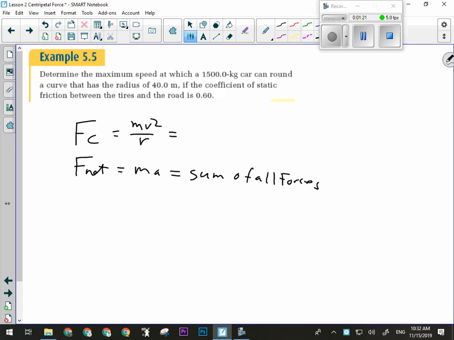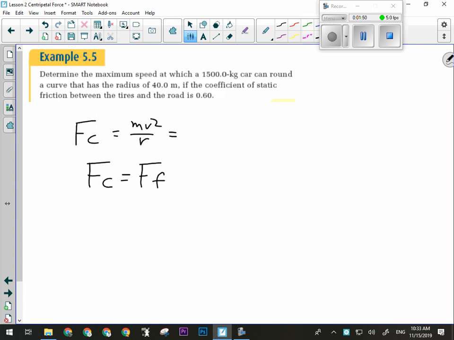For an object going around an unbanked corner, what force acts as the centripetal force? Friction. Okay? Friction keeps you from sliding out of the corner, right? So in the case of this question, Fc is equal to the force of friction, or Fc is being provided by the force of friction.